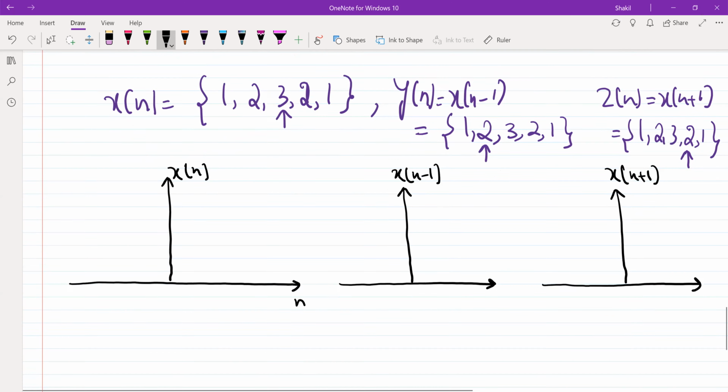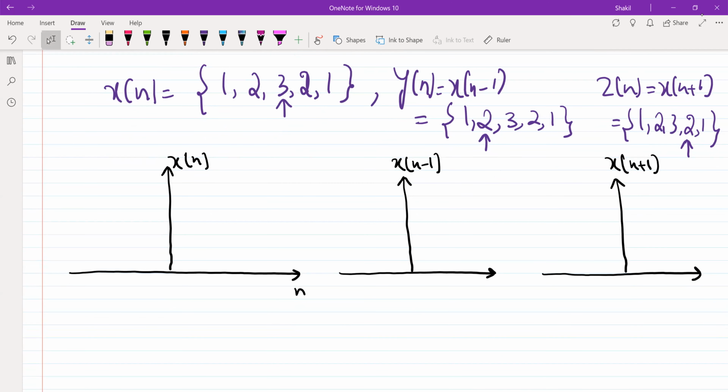So let me draw the values now. First, at n equal to 0, the value of the sequence is 3. At n equal to 1, the value is 2. At n equal to 2, the value is 1, and the rest of the samples are 0. Similarly, for negative values of n, at minus 1 the value is 2, at minus 2 the value is 1, and the value at minus 3 is 0.